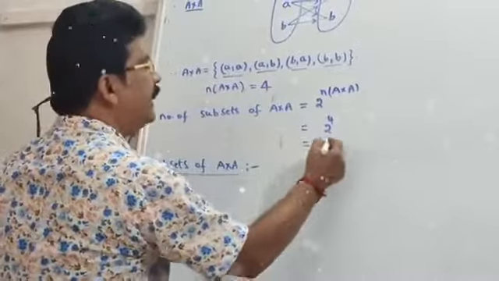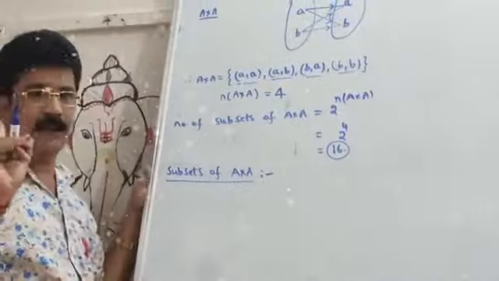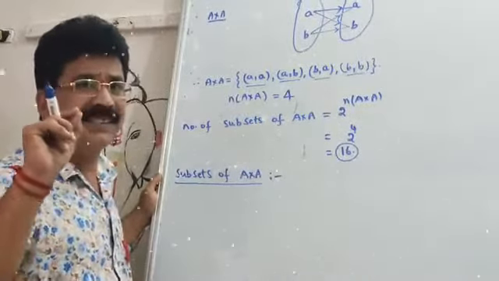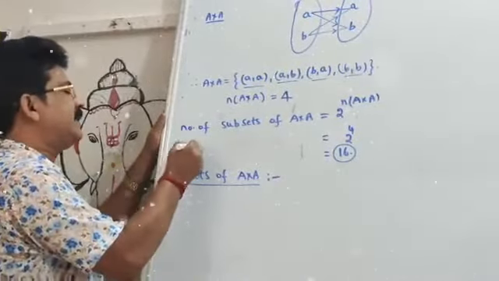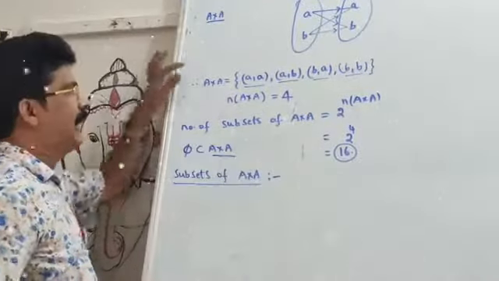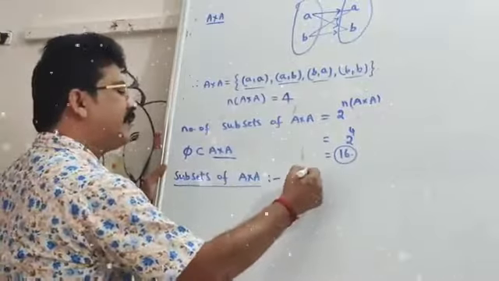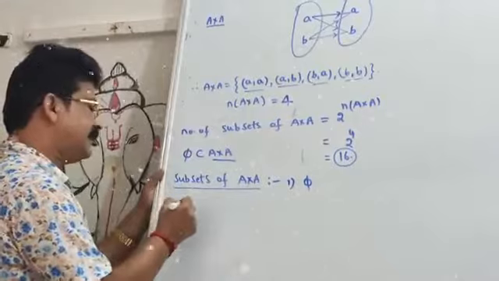Okay, we have to write 16 sets. So number one, basic points. Number one, null set is a subset of every set. So phi is a subset of A cross A. Every set means here our set is A cross A. That's why null set, first set, null set. This is the first one.